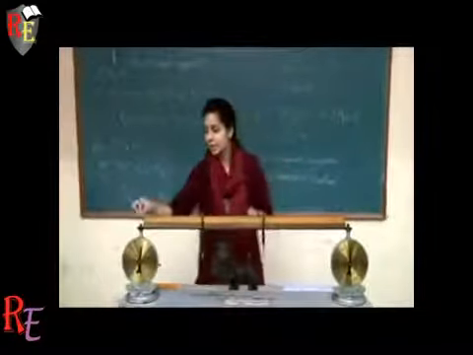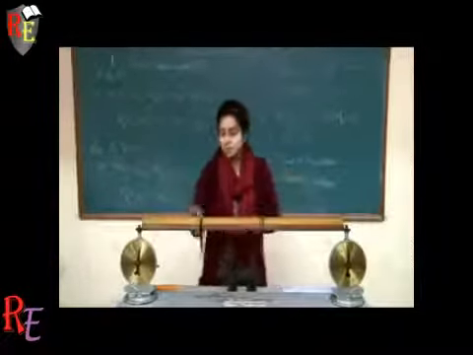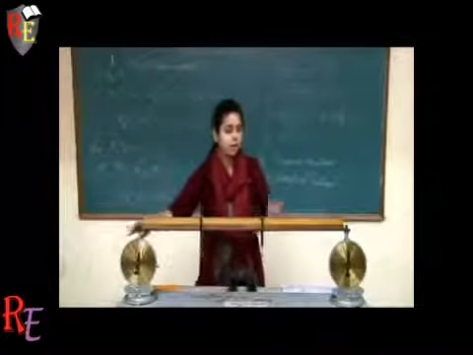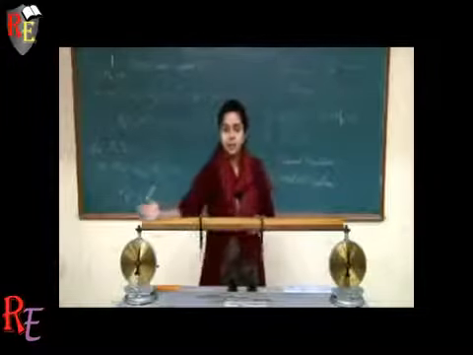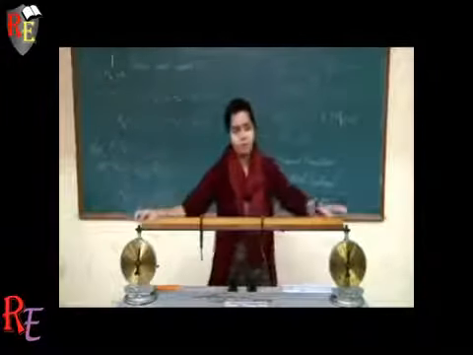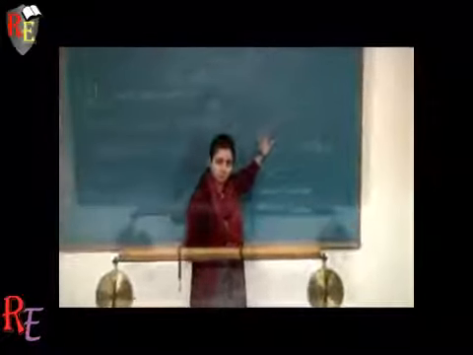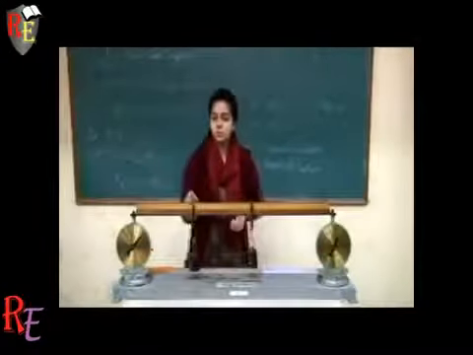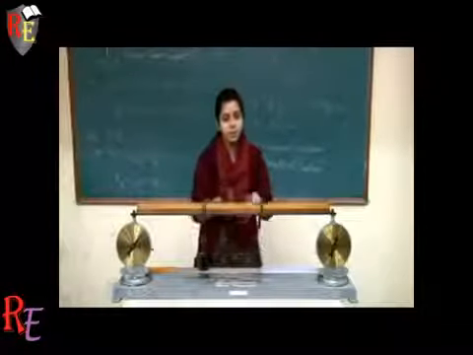This length is calculated from the center of these two pins, and for convention purposes we consider this as support A and this as support B. Also we know that this length, calculated from the center of the pins, is equal to 102 centimeters. Using these sliding hooks, we can adjust the position of the weights on this graduated beam.